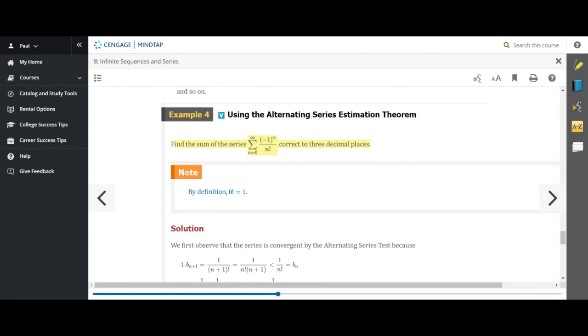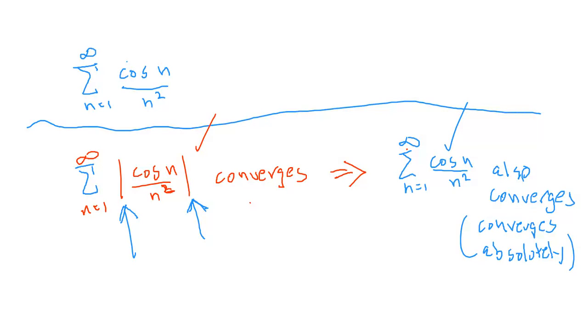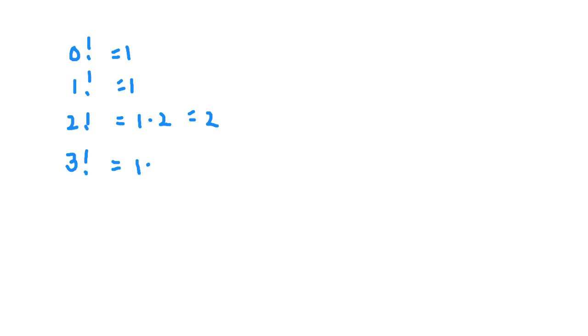So let me go to the whiteboard here. Factorials might have been a while since you've seen them, but you're certainly going to see them now. 0 factorial is defined to be 1. 1 factorial is 1. 2 factorial is 1 times 2, that's 2. 3 factorial is 1 times 2 times 3, that's 6. 4 factorial is 1 times 2 times 3 times 4, which is 24.